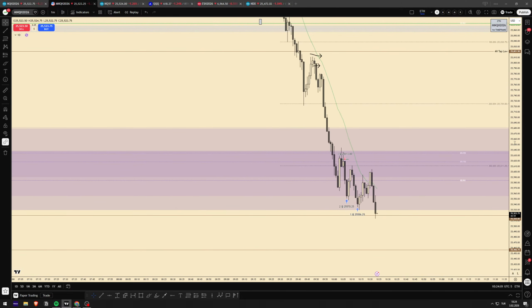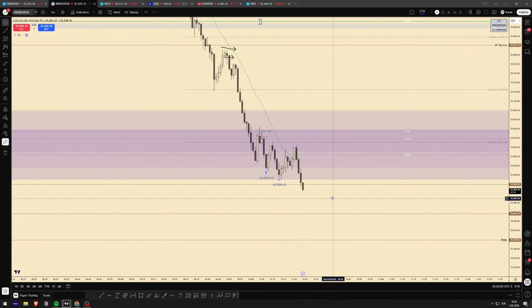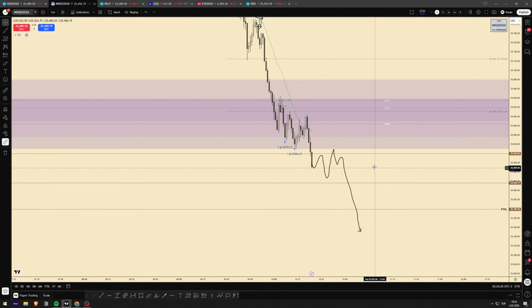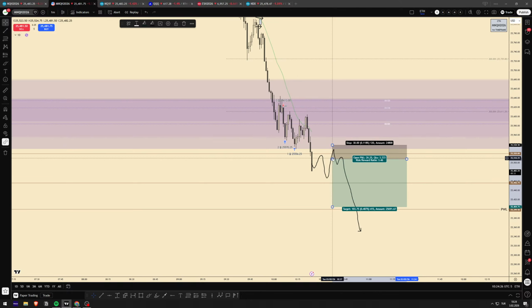I believe price is moving nicely today, and it may very well give multiple opportunities. So I wouldn't be so surprised to see something like this. And this would be a great short setup, I believe. Something like this, maybe a sell stop like this, I don't know.